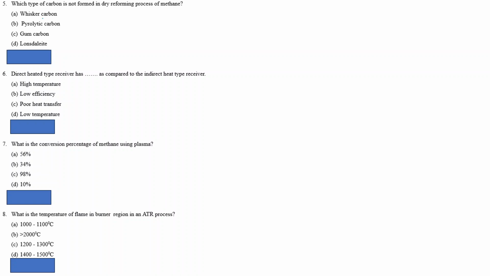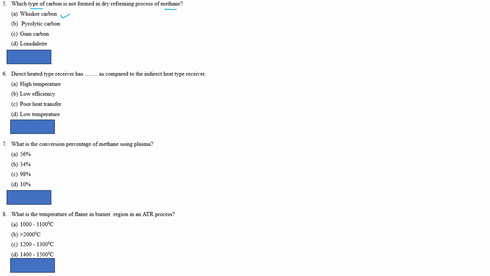Next is question number 5: which type of carbon is not formed in the dry reforming process of methane? You have studied that different carbons are formed in the dry reforming process. One is whisker carbon, which is formed in the dry reforming process.